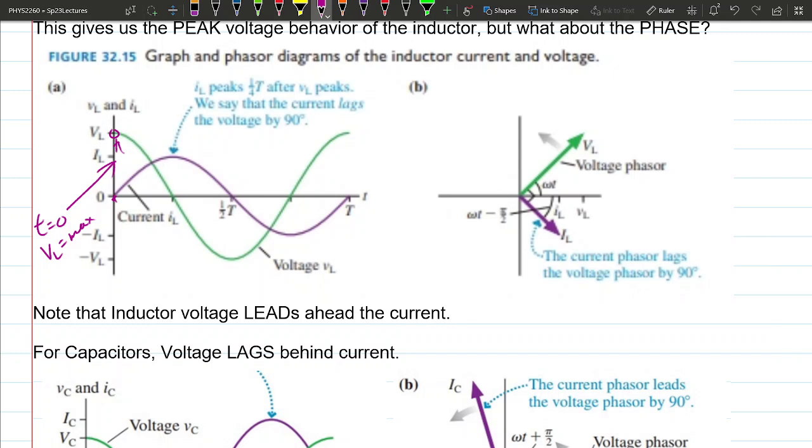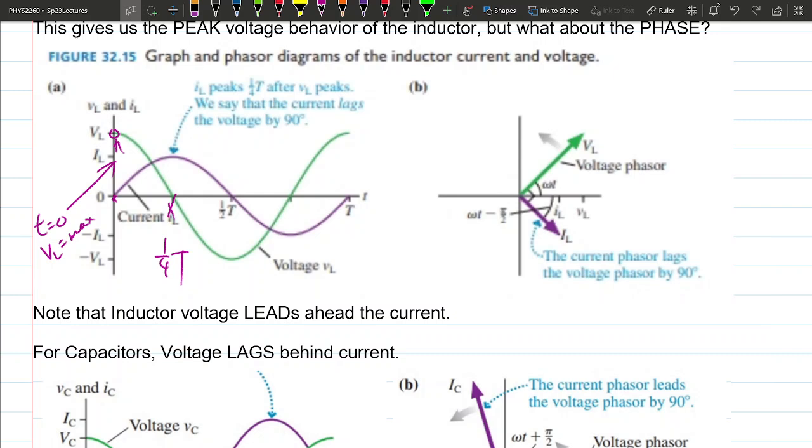When you look at it vertically, the voltage gets to the maximum first, and then the current reaches the maximum a quarter of the period later. Does that make sense? So the voltage is actually 90 degrees ahead of the current in reaching that maximum point.